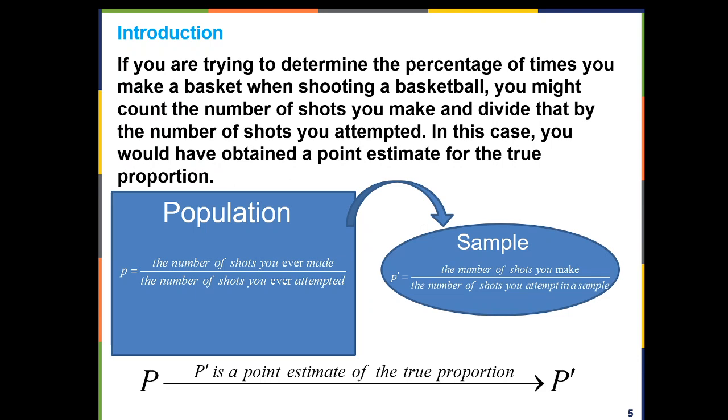All right, so here's an example. Suppose we're trying to figure out the proportion in some population. In this case, you're trying to determine the percentage of times you make a basket when shooting a basketball. So the population is basically all the different times that you try to make a basket.